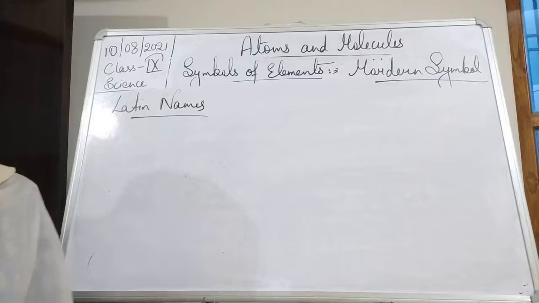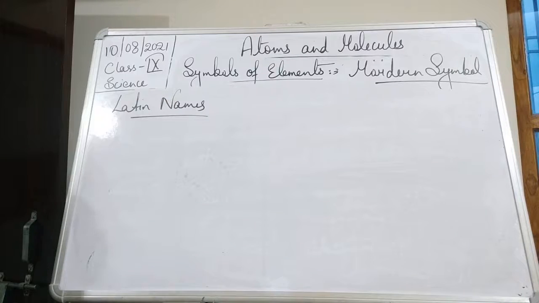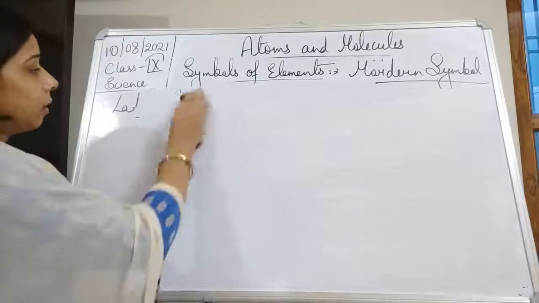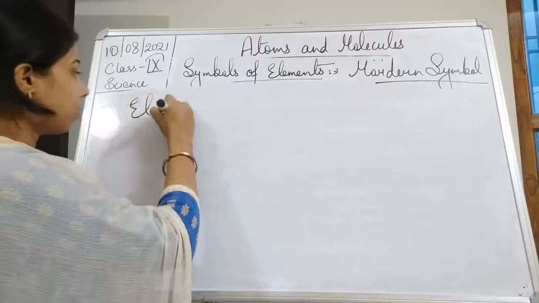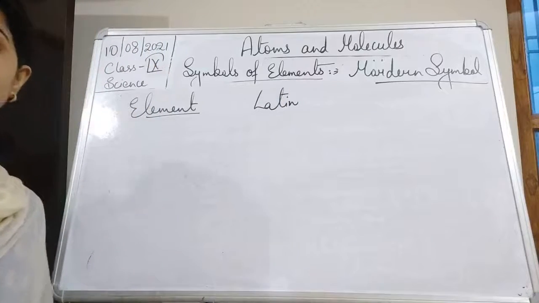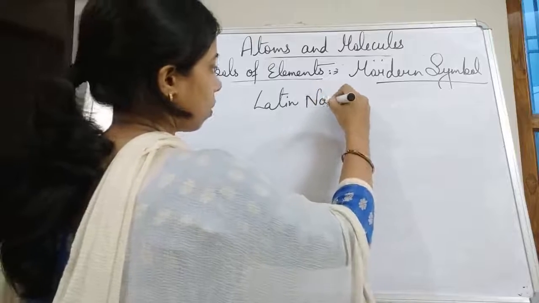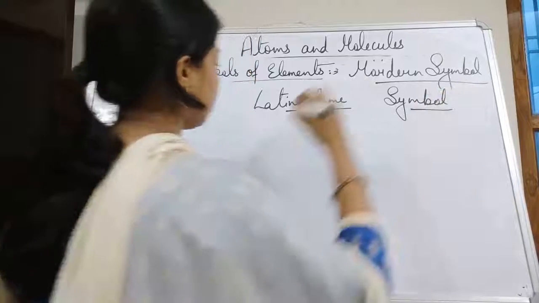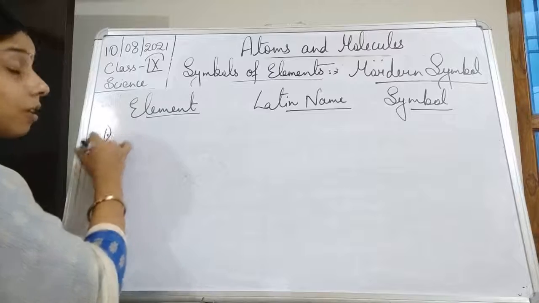Latin name and symbol. First of all, I'll make a column, that is the element itself, then Latin name, then symbol. First here it is sodium.